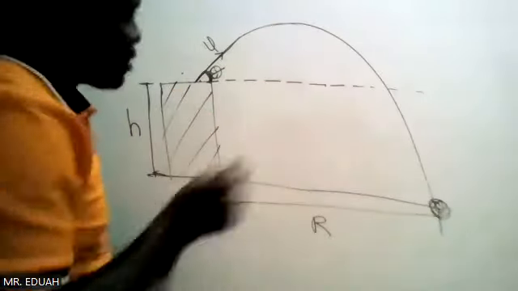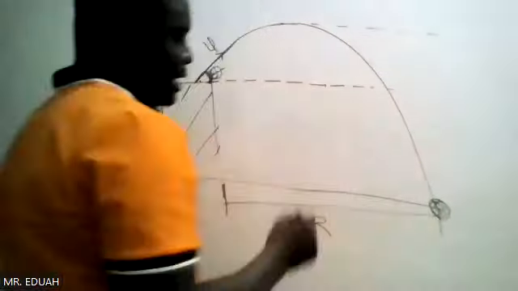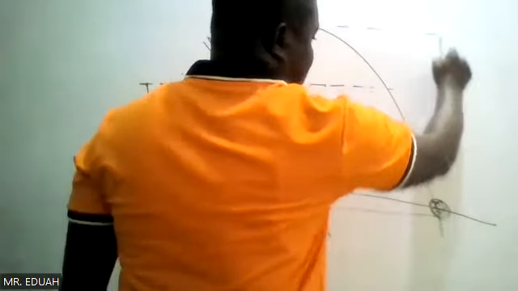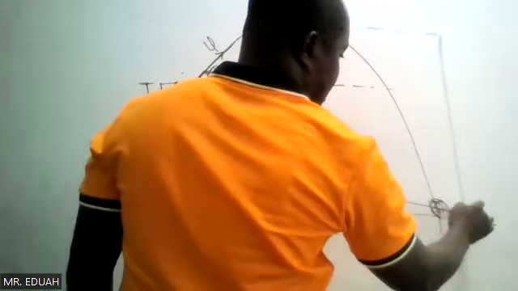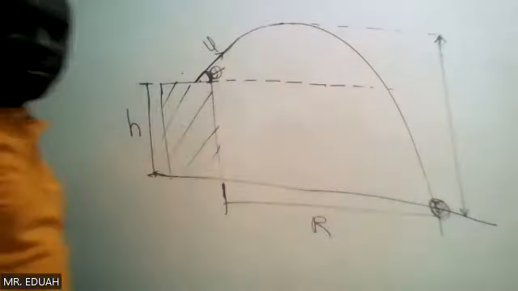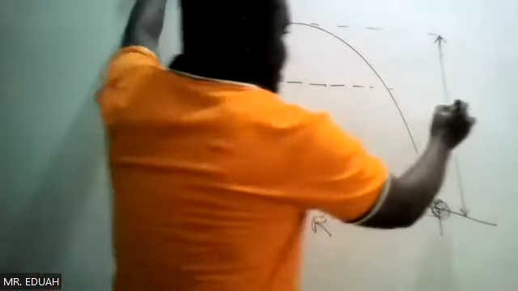Okay, so let's consider the following: from the maximum height to the ground, this is h. So this is h.